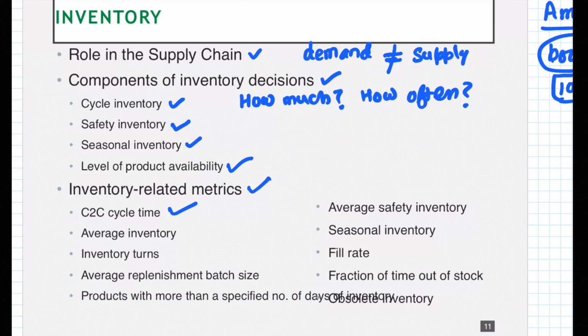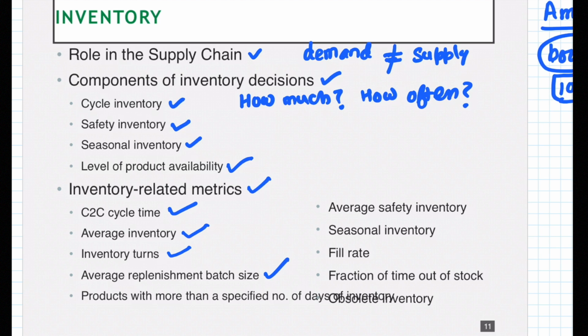C2C cycle time captures not only inventory levels but also accounts payable and receivables. Average inventory is the average inventory carried by a business. Inventory turns is how many times inventory turns during 1 year. Average replenishment batch size is another metric.